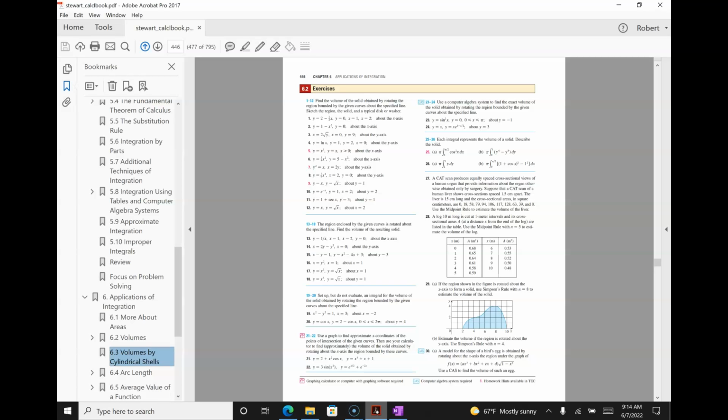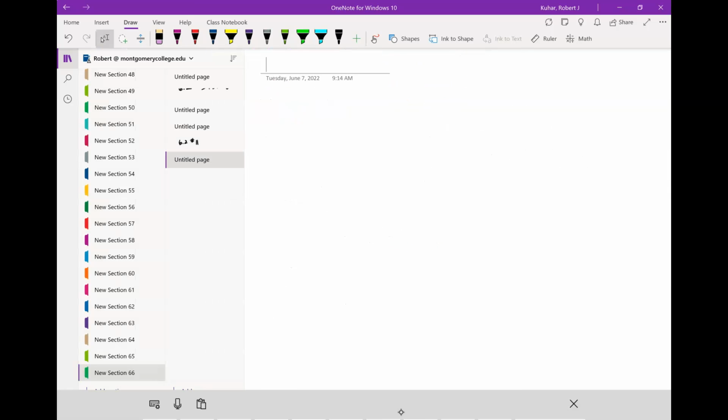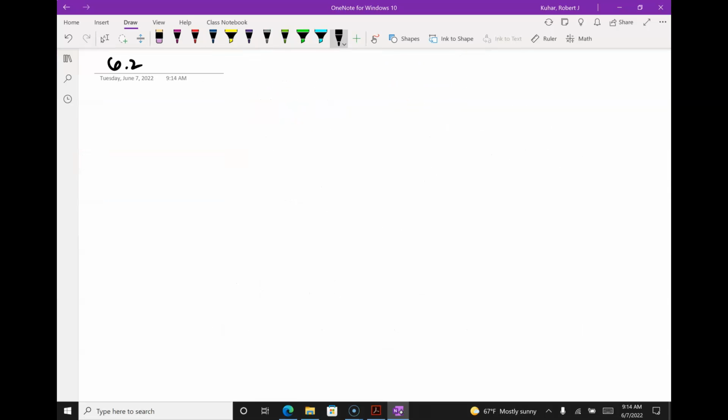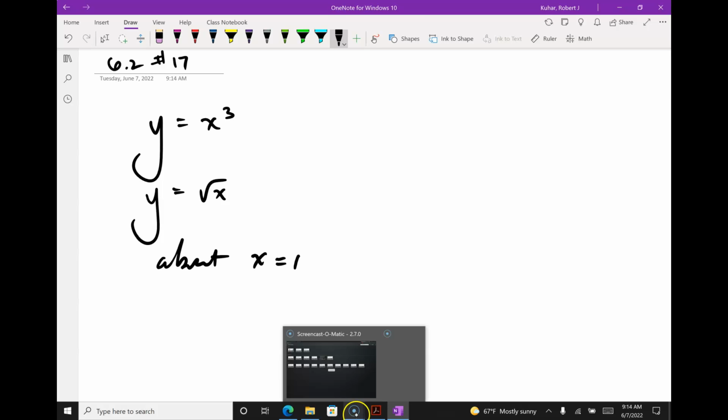I can see the region bound, but I'm rotating it about x equals 1. So 6.2, number 17. Y equals x cubed. Y equals square root of x, about x equals 1.